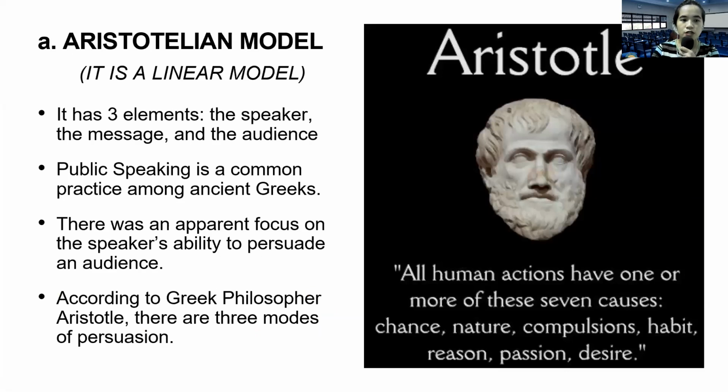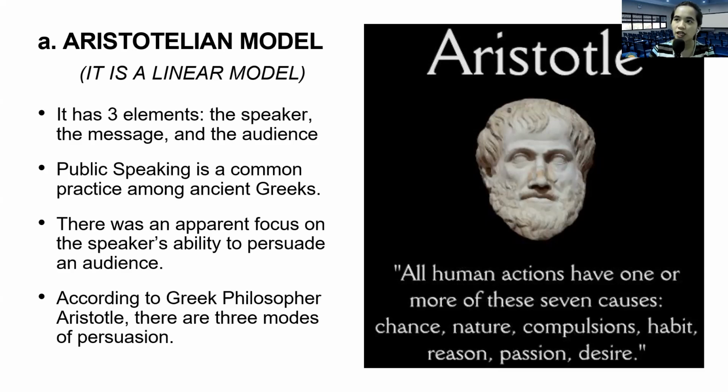So let's move on to the Aristotelian model. It's one of the linear models, and it has three elements mainly. It's very simple: the speaker, the message, and the audience.